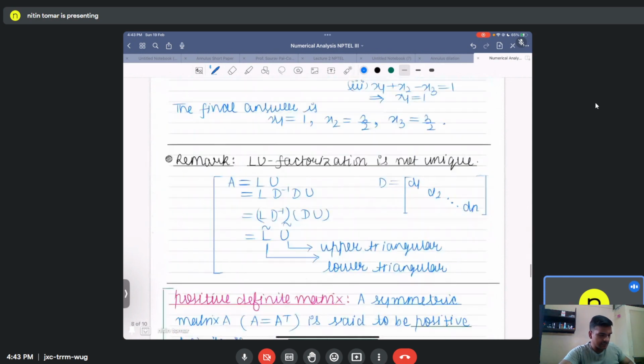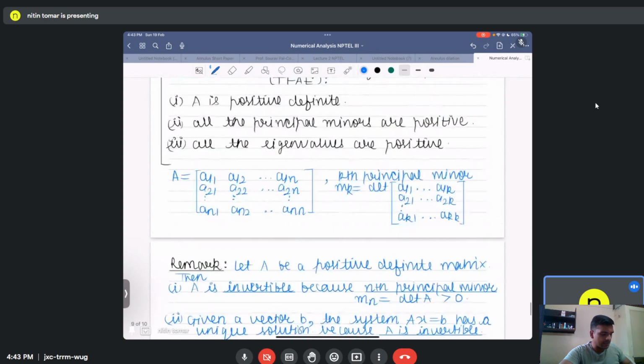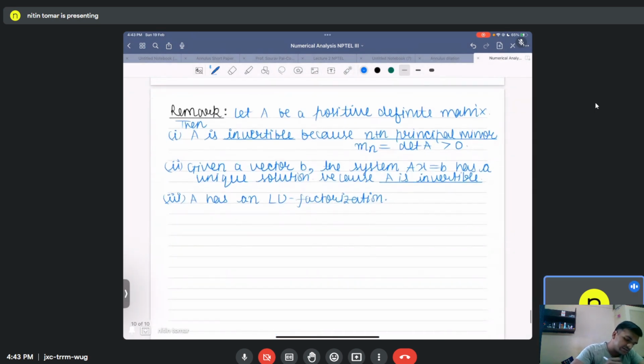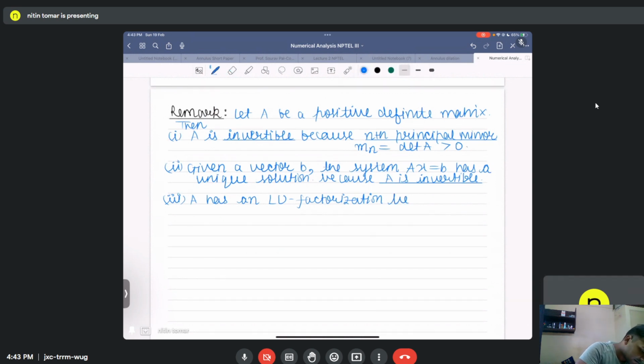Positive definite says not only are the principal minors non-zero, they are also strictly positive. So this is true, because all the principal minors are positive, hence non-zero, correct?